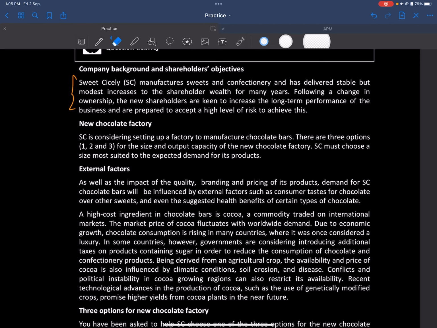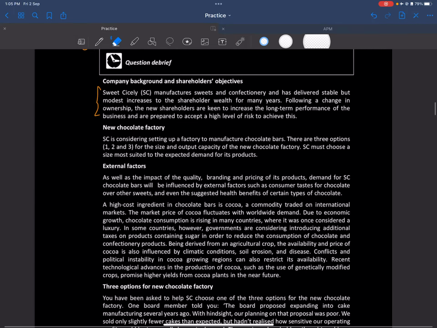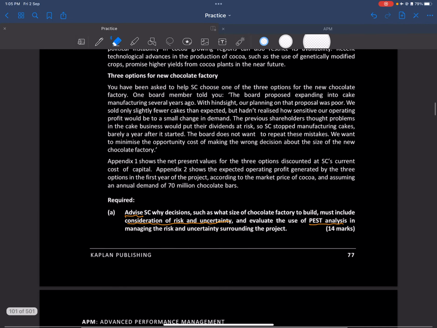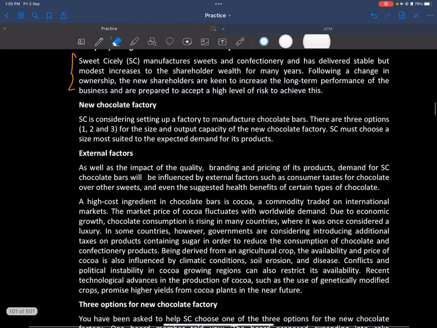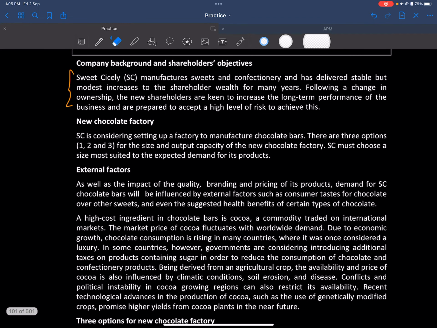Okay, let's see the background. So first of all we need to analyze how PEST analysis can help manage the uncertainty and what size of factory to build. Okay, so Sweet Cicely, what do they manufacture? Sweets and confectionery.